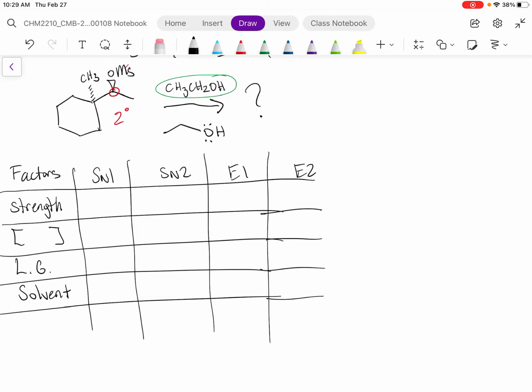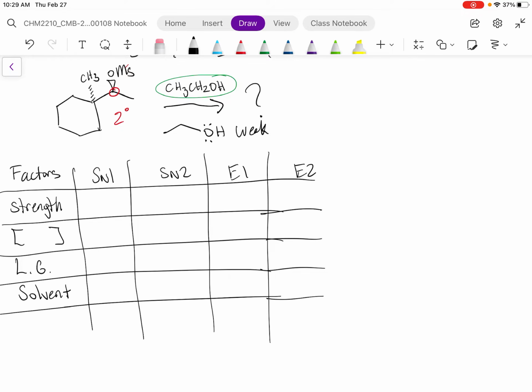And so is it a strong attacking species or a weak one? And remember, I've said generally, if we have a species that is neutral, it's weak. And if it has a negative charge, it's strong. And so we would consider that attacking species weak.